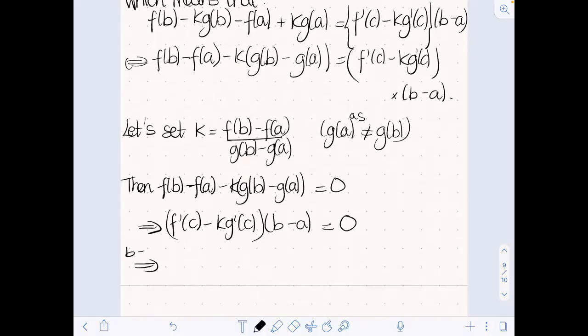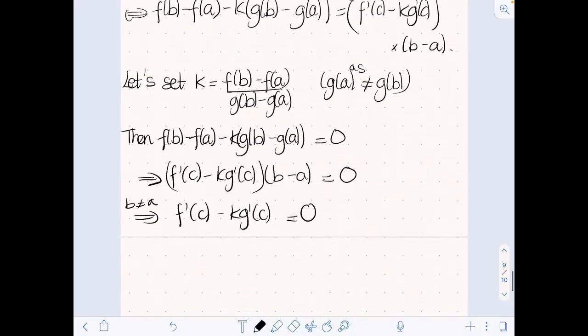But as b is different from a, this is not equal to 0, this is some real number. So this implies that f prime of c minus k g prime of c is equal to 0. And if we take this further, you get f prime of c divided by g prime of c equal to k.